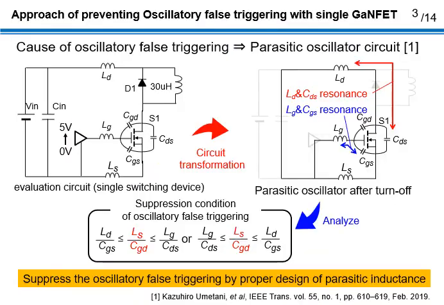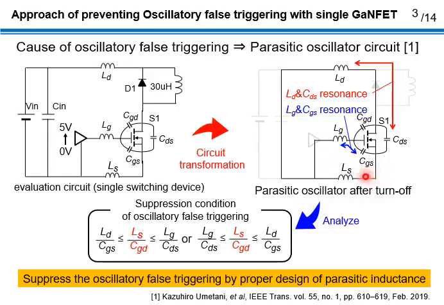We try to solve this problem by using equivalent circuit transformation and an analytical approach. We thought that the cause of oscillatory false triggering was a parasitic oscillation circuit. Lg and Ld are the parasitic inductances of the gate circuit and power circuit. Ls is the parasitic inductance of the shared path between the gate circuit and power circuit.